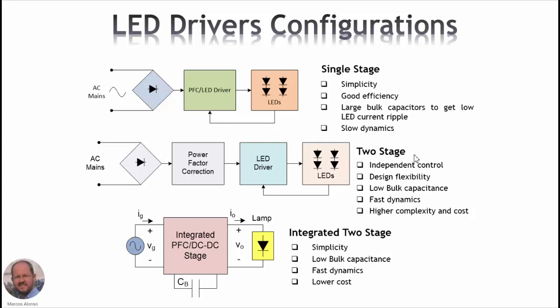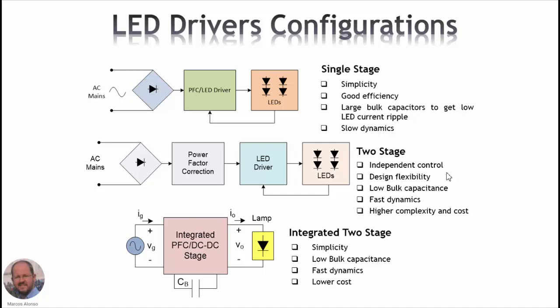So the second possibility is to use a two-stage converter, in which we use one converter or one stage for implementing the power factor correction, and then another stage for implementing the driving of the LEDs and the regulation of the current. This is in principle better because we have two independent controls for each of the functions.